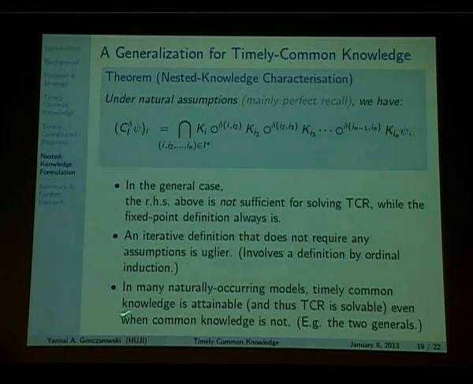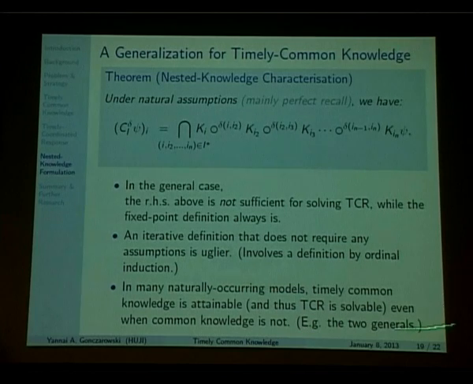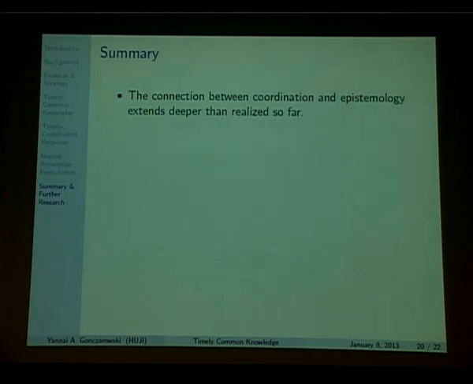Sometimes common knowledge is not attainable, but timely common knowledge still is attainable. It's very similar to what Halpern and Moses showed, that even when common knowledge is not attainable, up to epsilon common knowledge may still be attainable. For example, the true general scenario, and there are a few more. So this really does help us solve things when the straightforward, naive approach of synchronizing watches and then doing something cannot work.